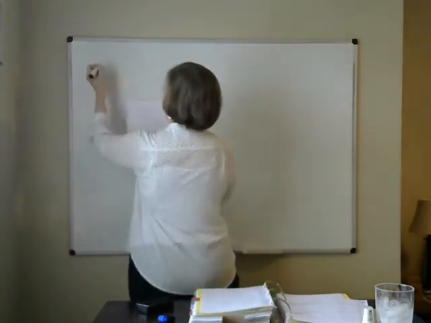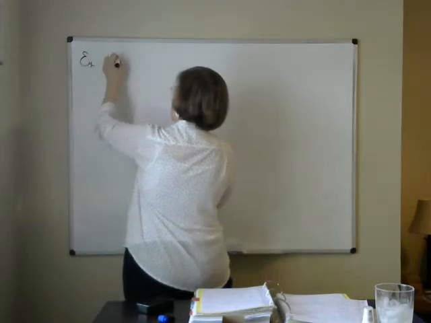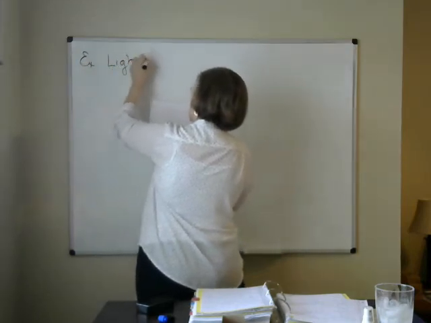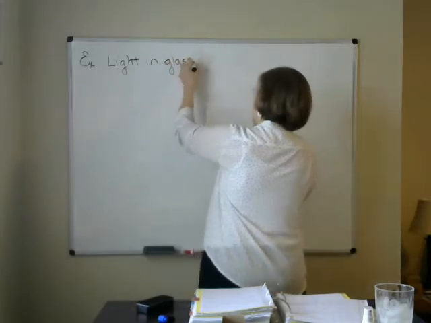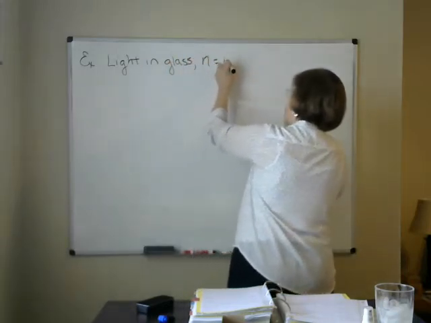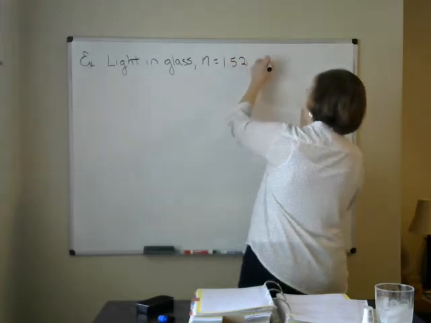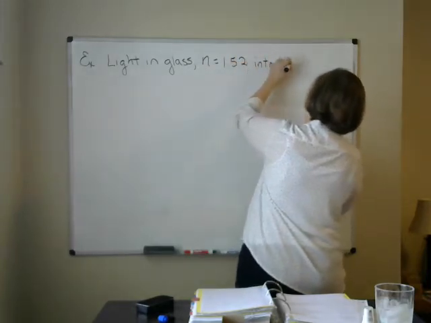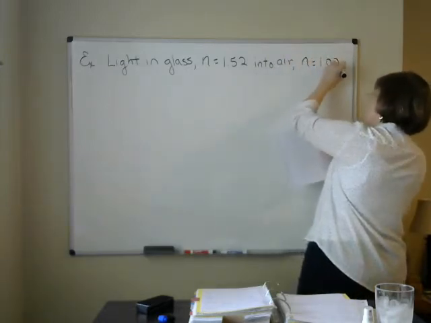Suppose we have light in glass, which has an index of refraction 1.52, and it's moving into air, which of course has an index of refraction of 1.00.